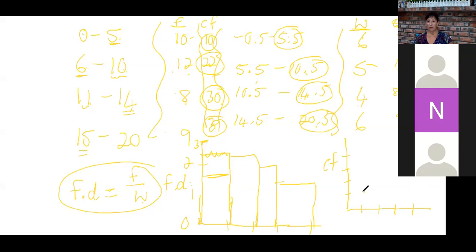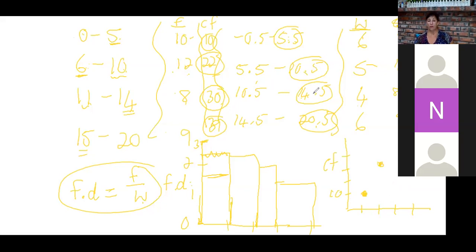So it's like there, and you mark it off. Right, so you've plotted 5.5, 10. Then you plot 10.5, 22. So it's like there.